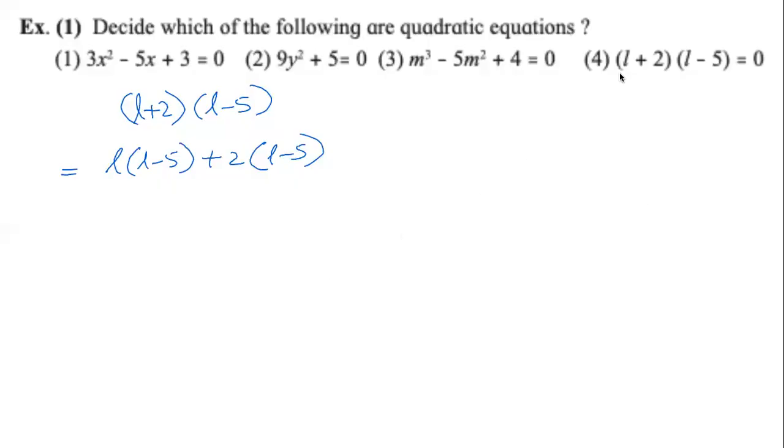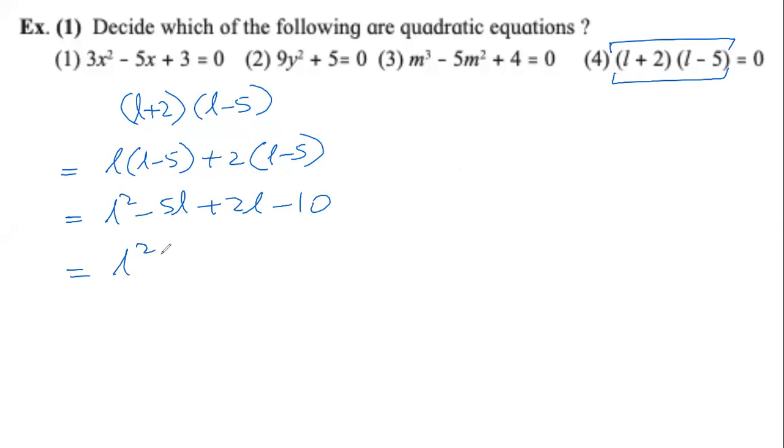So if we just focus on the polynomial which is there in the equation, then we can multiply these L plus 2 and L minus 5. Actually, this is not one or two terms. This is just one term. So what is that term? When we simplify that, we get L square minus 5L plus 2L minus 10.